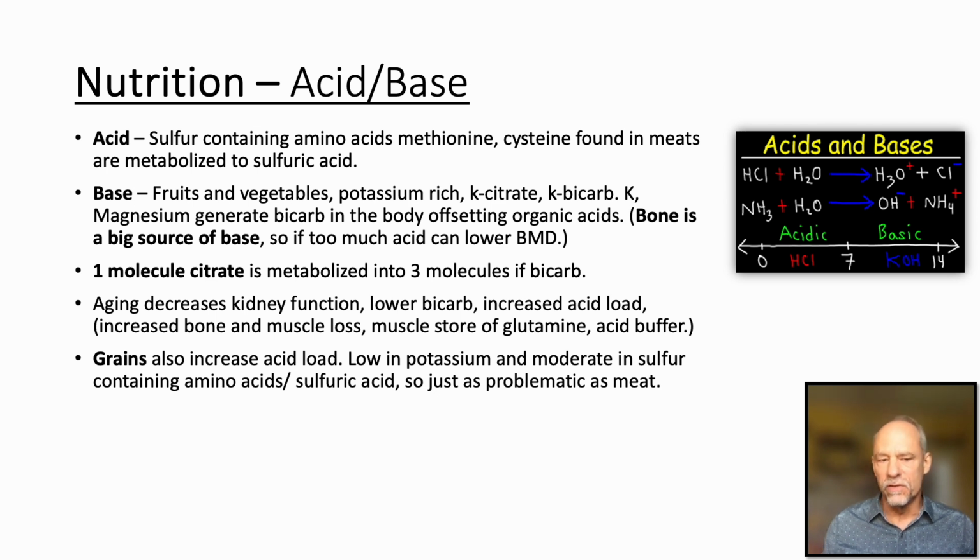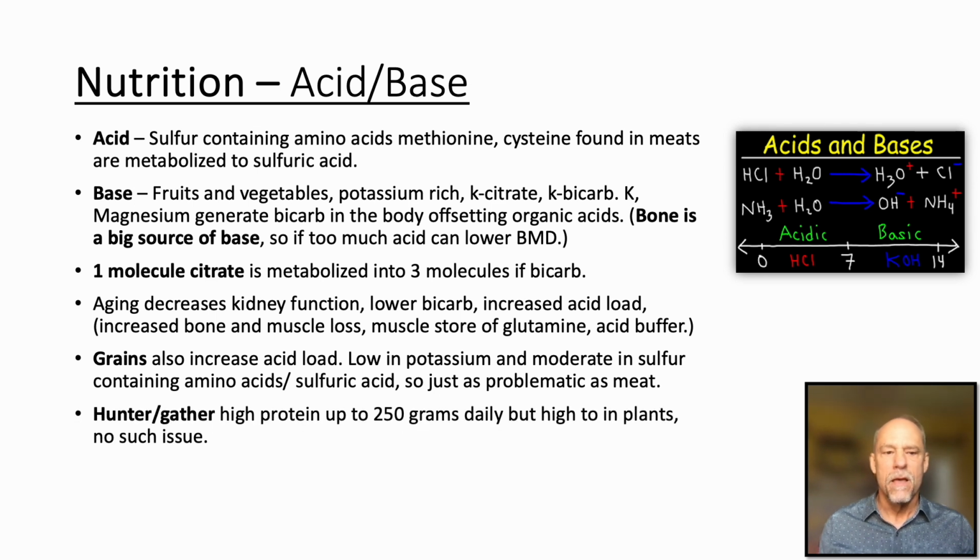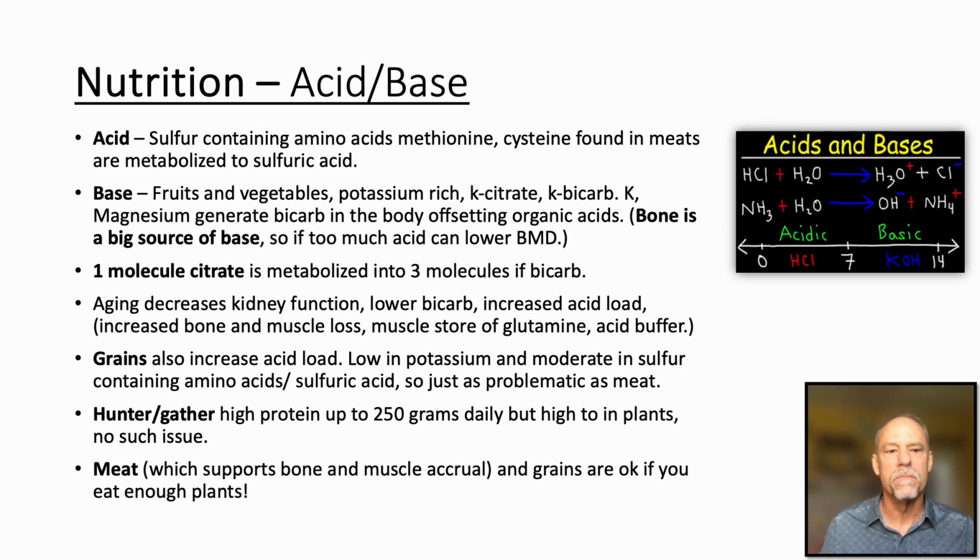Grains also increase acid load. They're low in potassium, they're moderate in sulfur-containing amino acids, and so they're just potentially as problematic as meat. The hunter-gatherers were found to eat up to 250 grams daily of protein, but they had a very high plant intake, and, the best we can tell from the research, they had no significant osteoporosis issues.